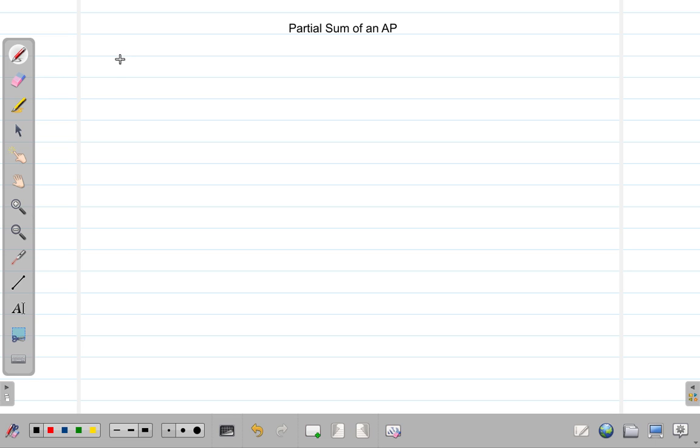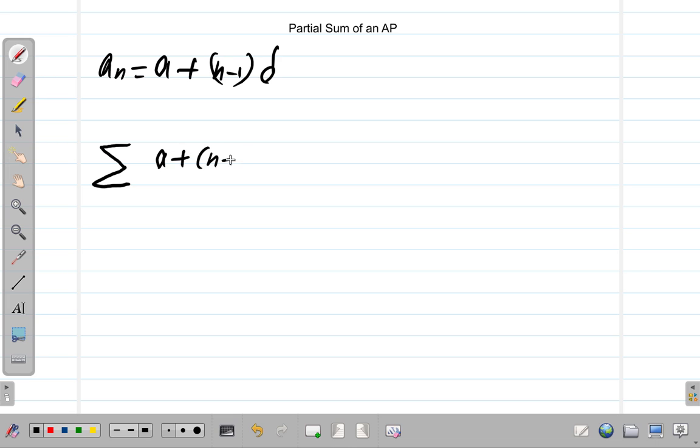Now remember, a_n is a plus n minus 1 times d. Now, if we're going to sum, the thing that we're going to sum up is a plus n minus 1 d.